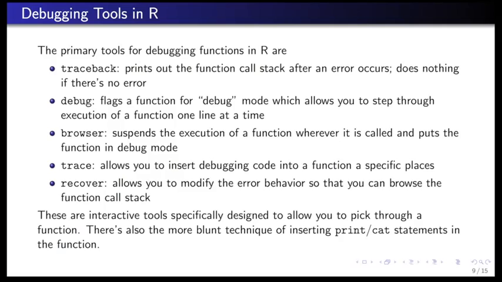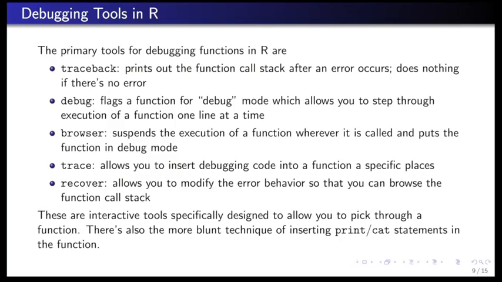You can change that default behavior by setting what's called an error handler. And recover is an error handler function, which means that anytime you encounter an error anywhere in a function, rather than getting the console back, the R interpreter will stop the execution of that function right where the error occurred. And it will freeze it there.